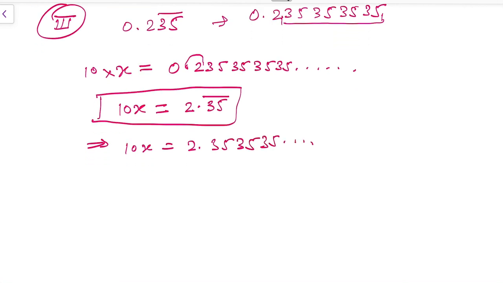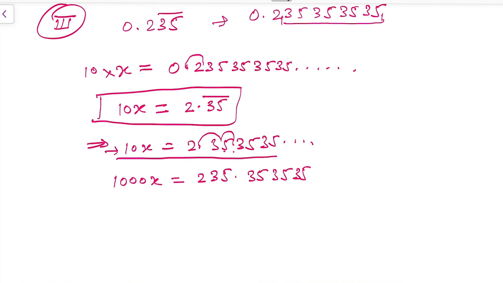Because 35 is repeating, we again bring the point over here by multiplying by 100. When 10x is multiplied by 100, it becomes 1000x, and what remains here is 235.3535 and so on.